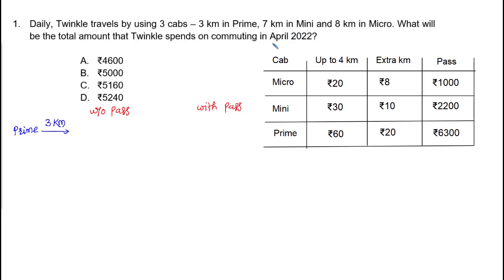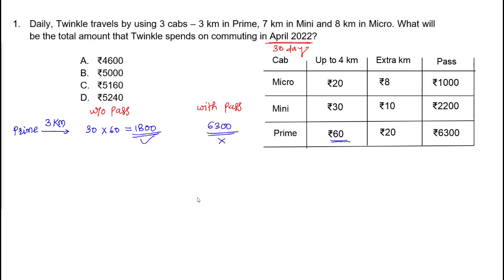In April 2020, there are 30 days in total. So the total expense without pass is 30 into, for 3 km the charge is 60 rupees, up to 4 km. For 0 to 4 km you travel any distance, the charge is going to be 60 rupees. So 30 into 60 is equal to 1800 rupees. And if Twinkle purchases the pass, it will cost 6300 rupees. So definitely Twinkle will travel without pass, not with pass.